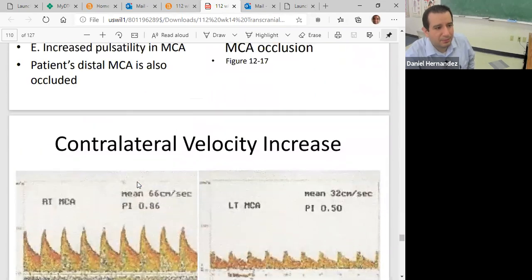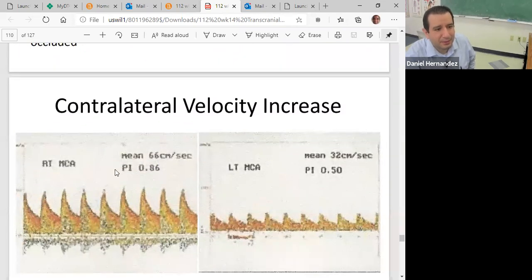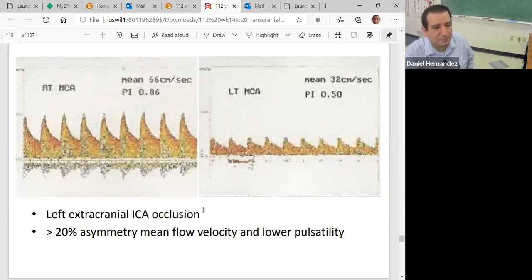Here we have right MCA, mean velocity of 66, and left MCA, mean velocity of 32. This patient had a left extracranial ICA occlusion.